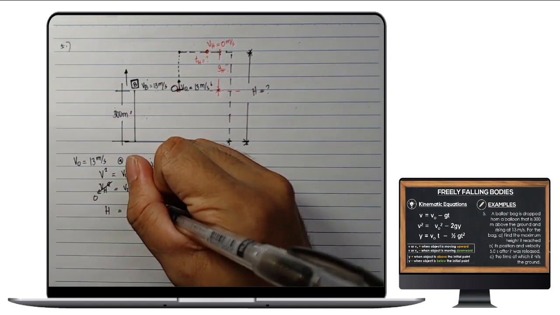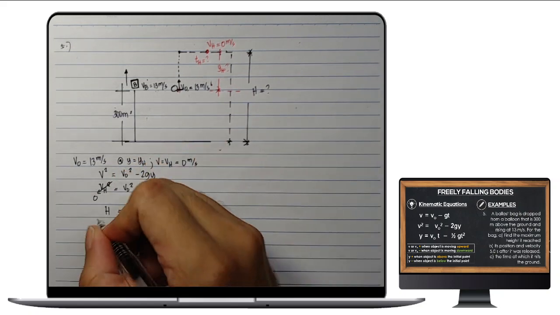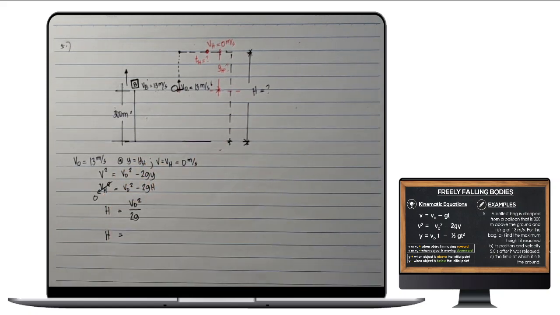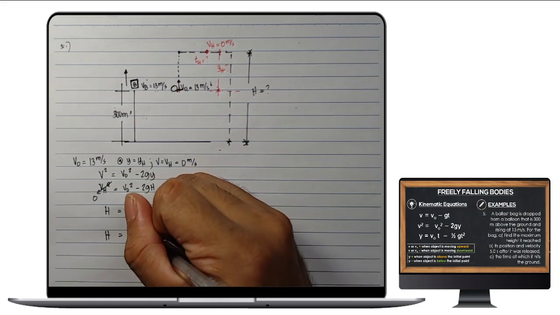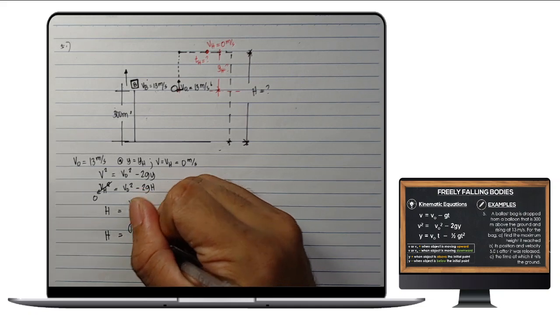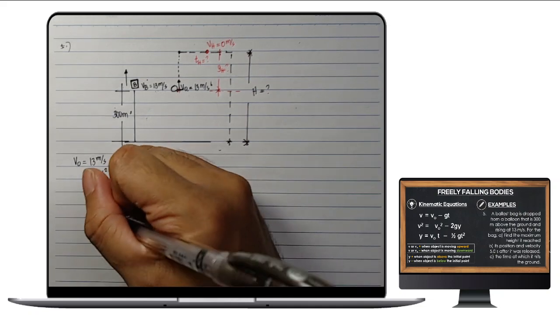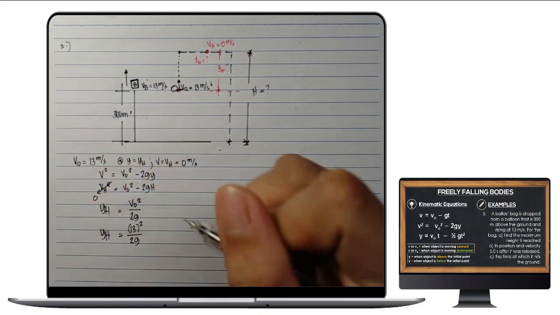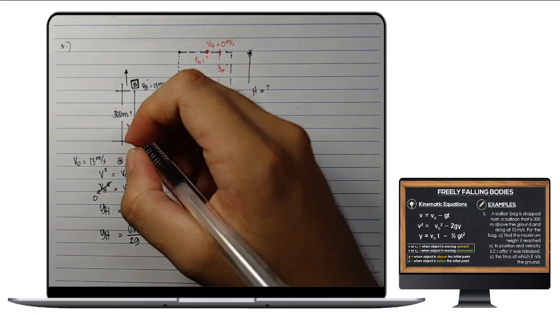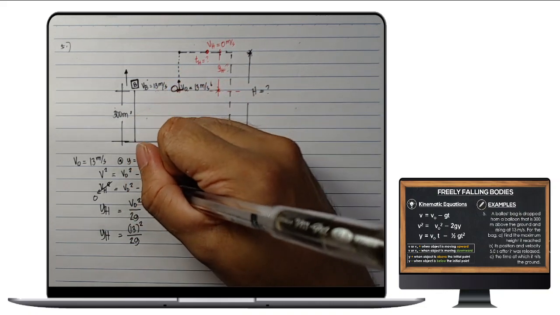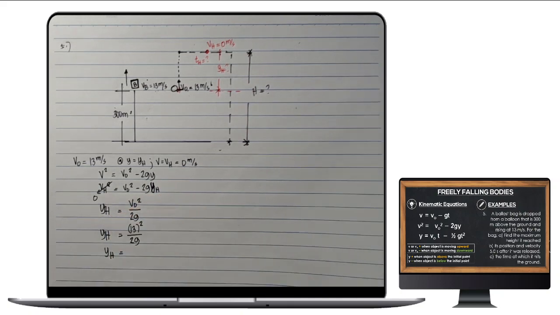So kanina pa natin ginagamit, that is vo square divided by 2g. Substituting, h natin is vo natin, that is equal to 13 meters per second being square divided by 2g. So, sorry, this is not h, this is y sub h. Okay, yung height natin is y sub h.